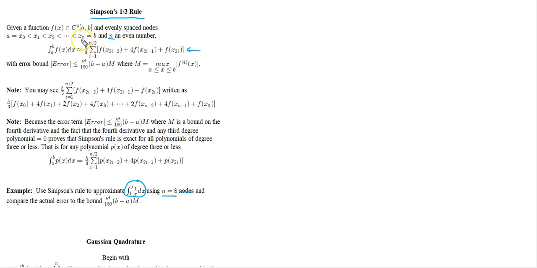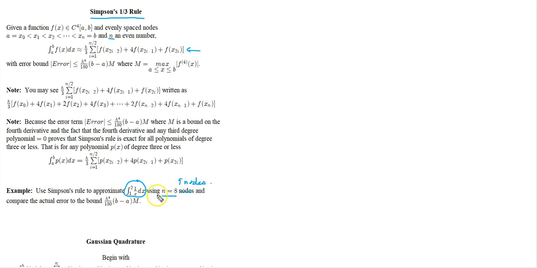With the n being 8 up here, if we start at x0 and go through x8, then we would actually have 9 nodes. So it gets a little confusing there. You have to remember, for Simpson's rule, the n must be even when you go x0 to xn. But then that actually means you have an odd number of nodes.